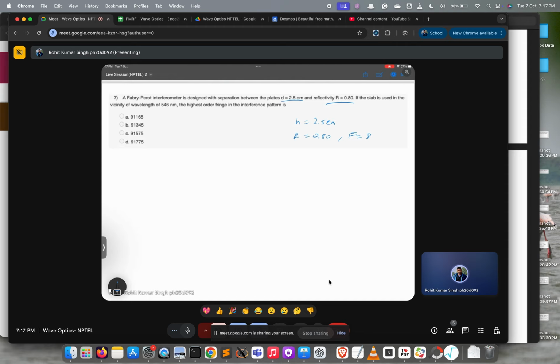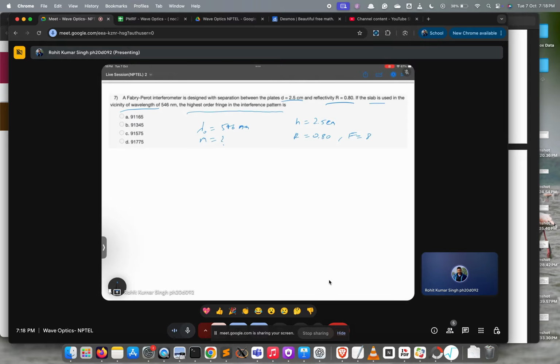And if the slab is used in the vicinity of wavelength 546 nanometers, so lambda naught is given 546 nanometer. The highest order fringe in the interference pattern is, okay, we have to find the order m.